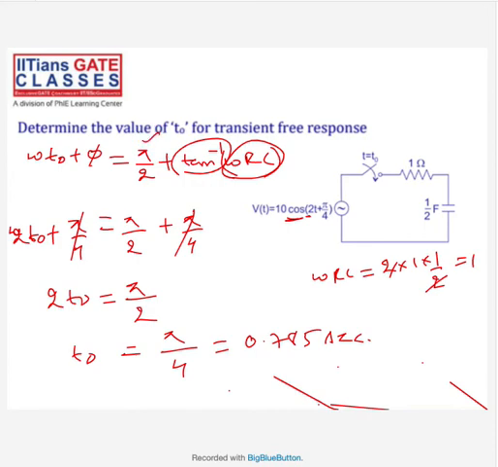This is in radians. You have to understand this. Pi by 2, pi by 4, and pi by 4 are all radians. Whenever you see it in sine or tan or cos, then you take the values as 180 degrees. Otherwise, it is radians.